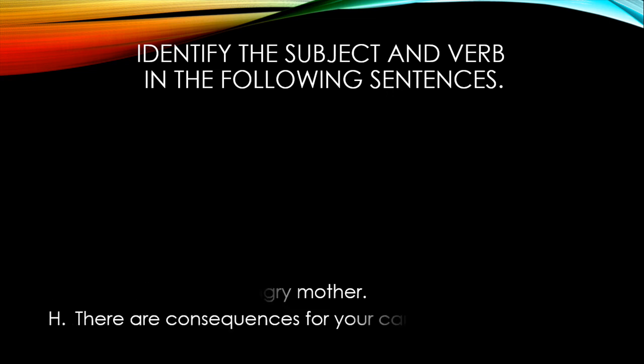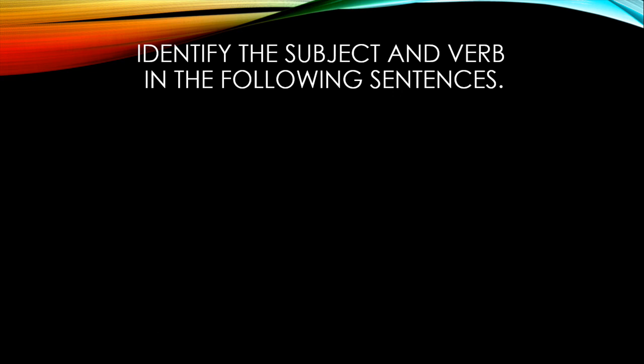All right, last one. There are consequences for your carelessness. All right, with this one, are is the verb. There cannot be the subject, remember. So the subject is actually consequences. And that is it.